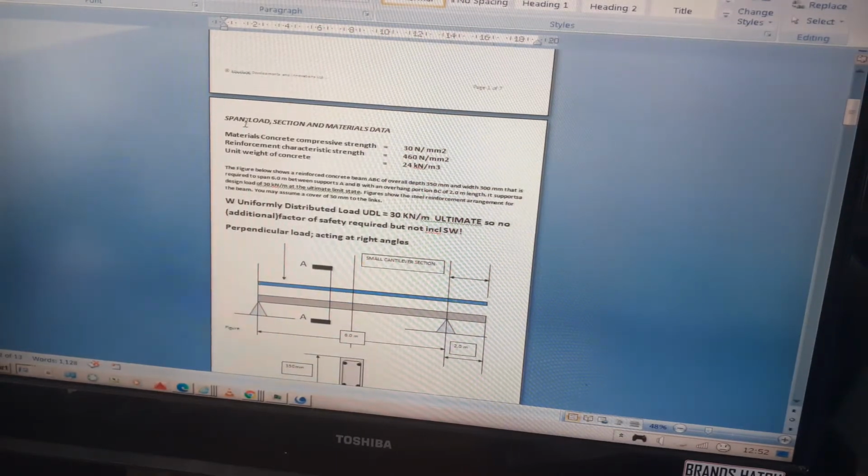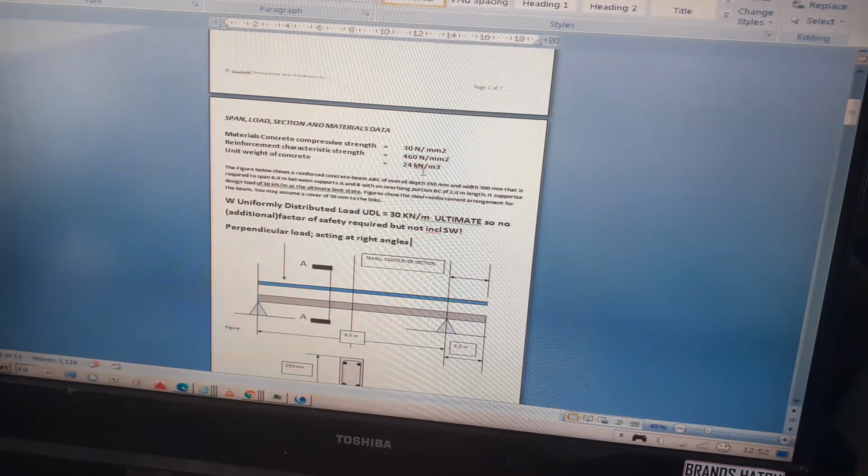The question starts off with span, load, and section of materials data. So we have a concrete beam, concrete compressive strength equal to 30 newtons per millimeter squared. The reinforcement characteristic strength is 460 newtons per millimeter squared.